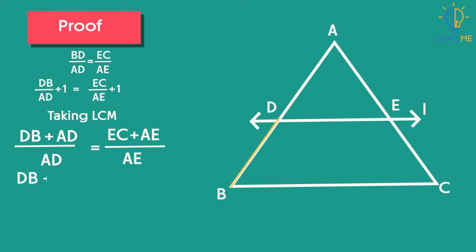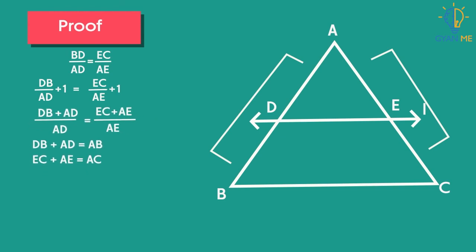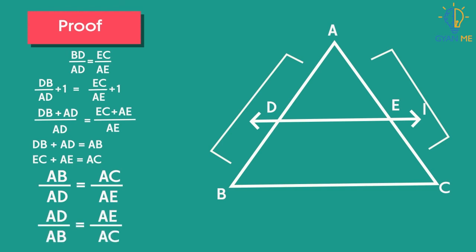Now observe our triangle. DB plus AD is equal to the whole side AB. Similarly, EC plus AE is equal to the whole side AC. Therefore, can we write DB plus AD as AB and EC plus AE as AC in our equation? Now again reverse the equation and we get AD upon AB is equal to AE upon AC.